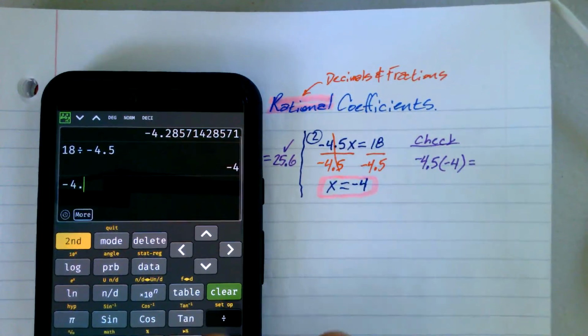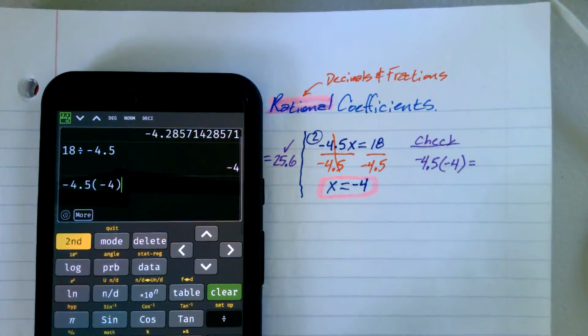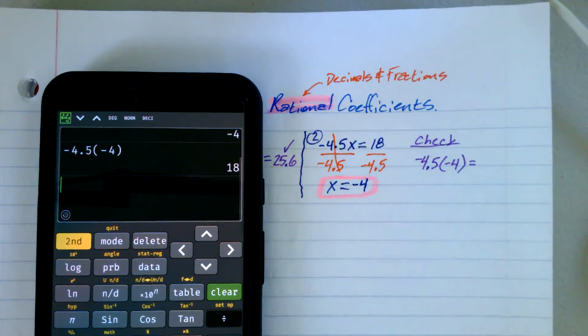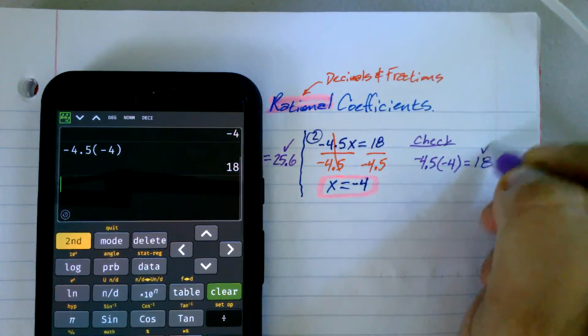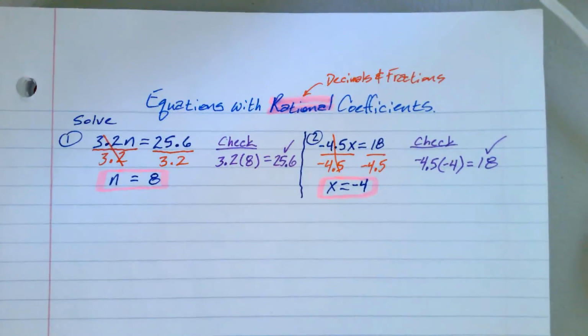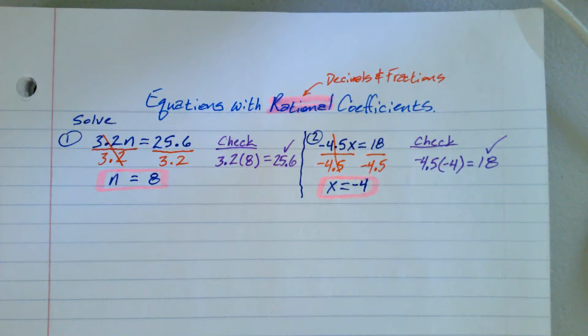Negative 4.5 times negative 4. You get positive 18. Checks out. Any questions? That's not too bad, right?